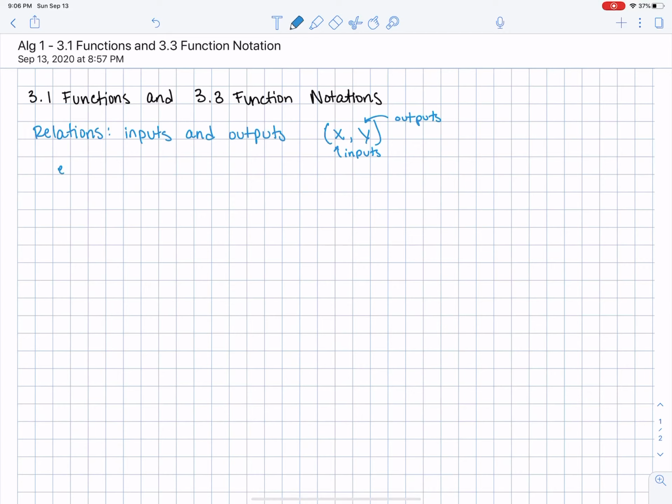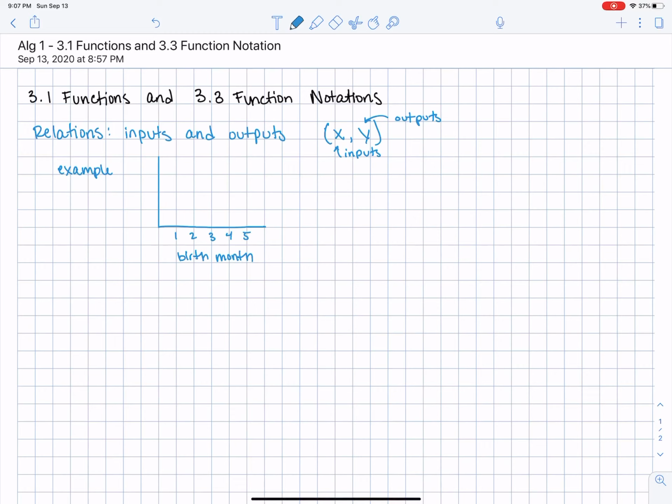And an example of a relation might be something like the amount of donuts you can eat and your birth month. So I'm actually going to say birth month for input. Birth month, so January, February, March, April, May.